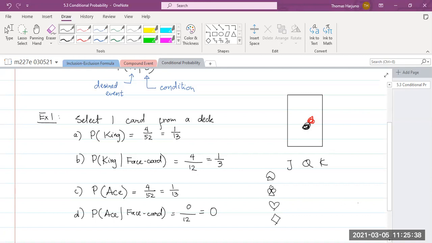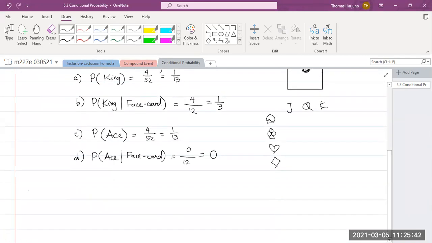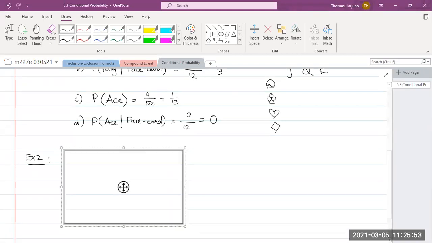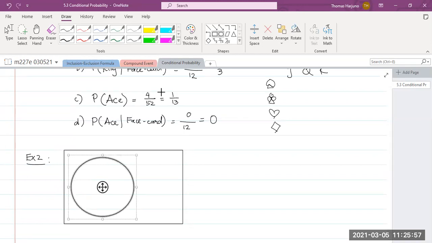Okay, now let's turn our view into a Venn diagram instead. Example 2, suppose I have this Venn diagram. This is circle A, and this is circle B. The one we had earlier.